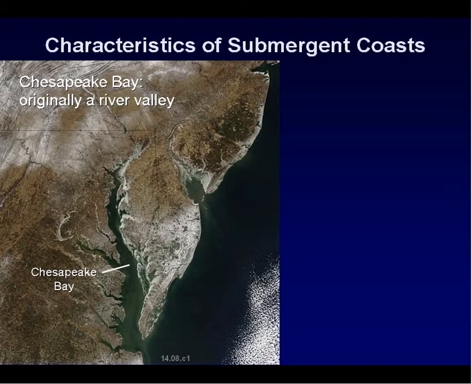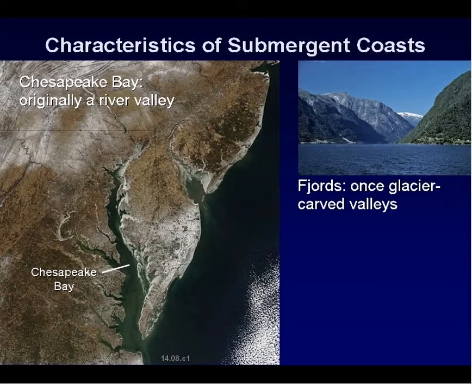So to look at some examples in terms of characteristics of submergent coasts, firstly here we've got a flooded river valley. Okay, so flooded river valley, the classic example is Chesapeake Bay, and we can see the irregular shape of Chesapeake Bay here. Another good example are fjords.